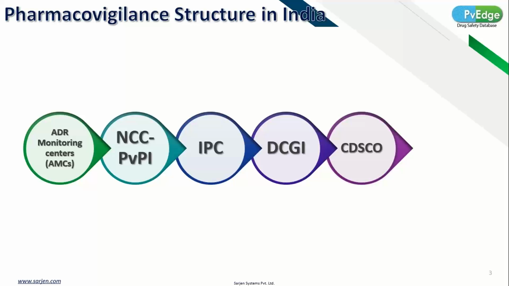All those reports will be analyzed collectively at the level of CDSCO, because CDSCO is the main decision-making authority. They will be responsible for analyzing the signal data which they got from NCC and DCGI level for a particular medicinal product, and they will maintain the risk management plan also at the level of CDSCO. So CDSCO is the main decision-making authority.